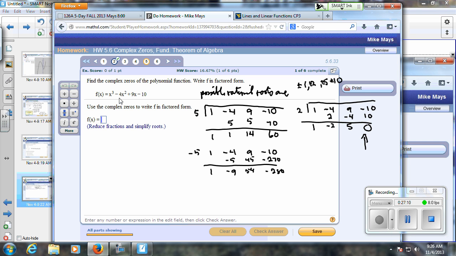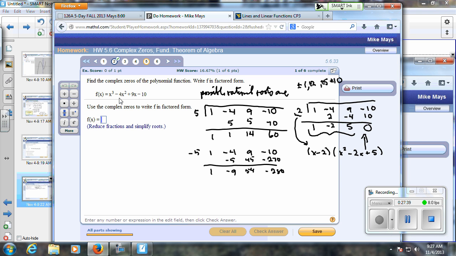So that means that f of x factors as x minus 2 and x squared minus 2x plus 5. X squared minus 2x plus 5 comes from those coefficients. X minus 2 comes from f of 2 is equal to 0. That's a factor of x minus 2.